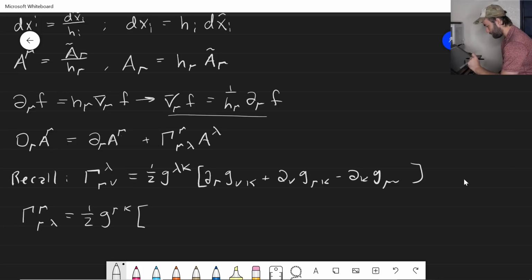Okay. D_mu g. So nu was on the right hand side, so that's going to be a lambda. So g_{lambda k}, plus d_lambda g_{mu k} minus d_k g_{mu lambda}.